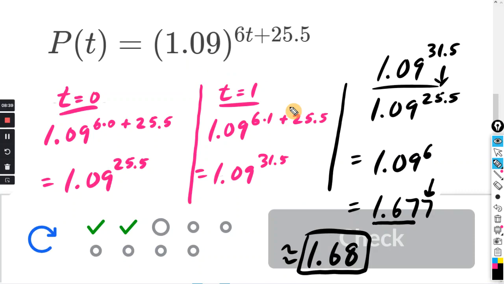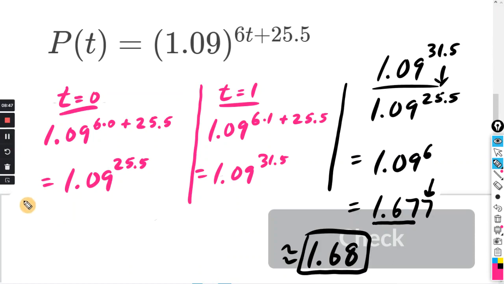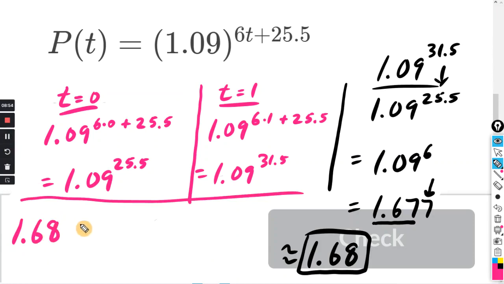Now, they wanted it in terms of percentage. It said what percentage. So when you multiply by 1.68, that's 1.68 minus 1, or 100%, and that's going to be 0.68.